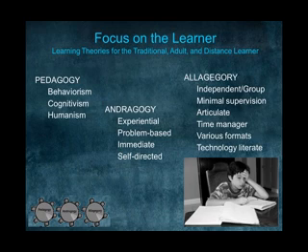Learning theories for the adult learner, of course, was the domain of Malcolm Knowles in the 1980s. His theory of andragogy redefined the previous child-only perception of learning. Adult learning is characterized, as you see on the screen. It's experiential. It's problem-based.